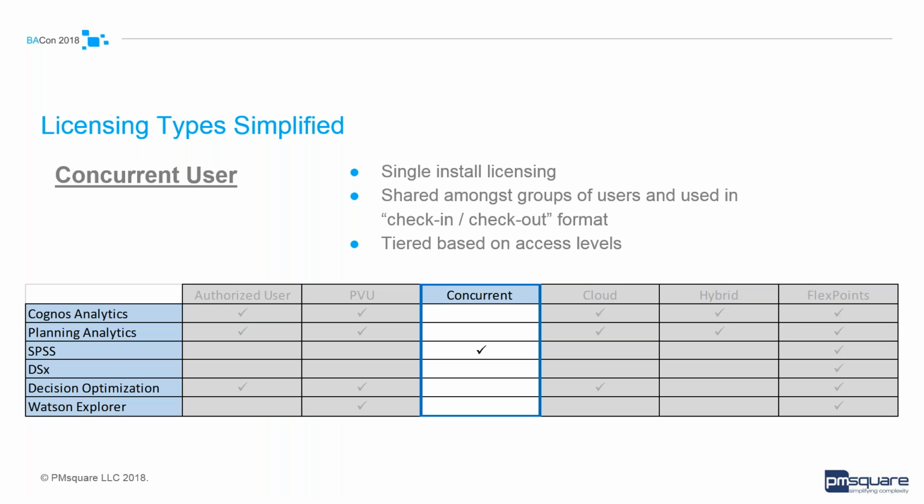And really, the only product that's available in a concurrent fashion within the data science and business analyst portfolio is SPSS. So we see a lot of people who really don't have a need to use the product on a consistent basis. Typically, when they purchase SPSS, they put it somewhere and give multiple people access to it because they're only using it in very small increments of time throughout the month.